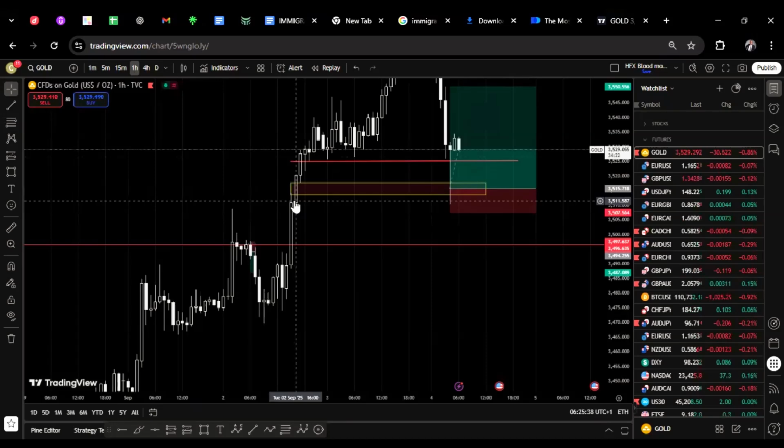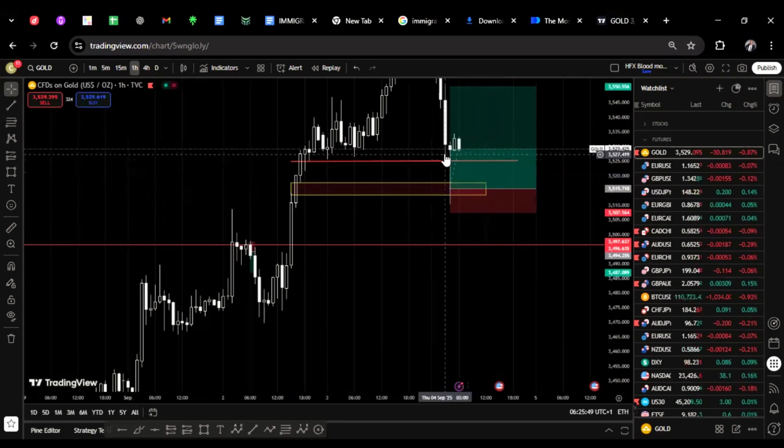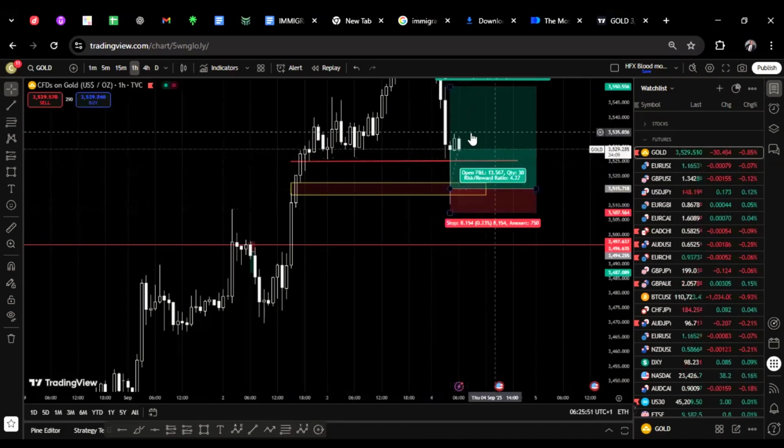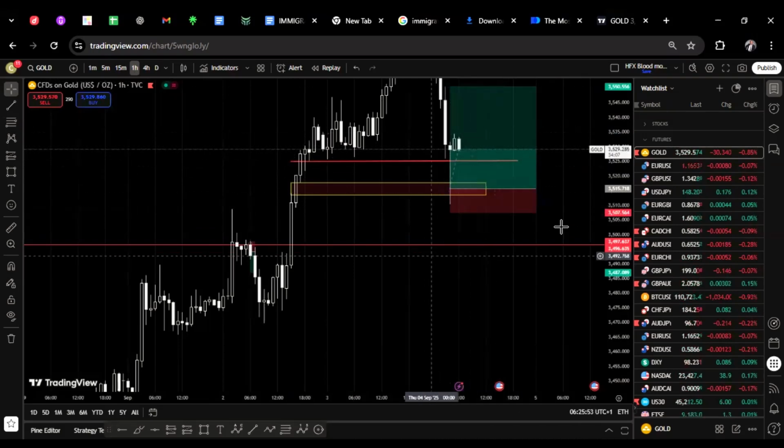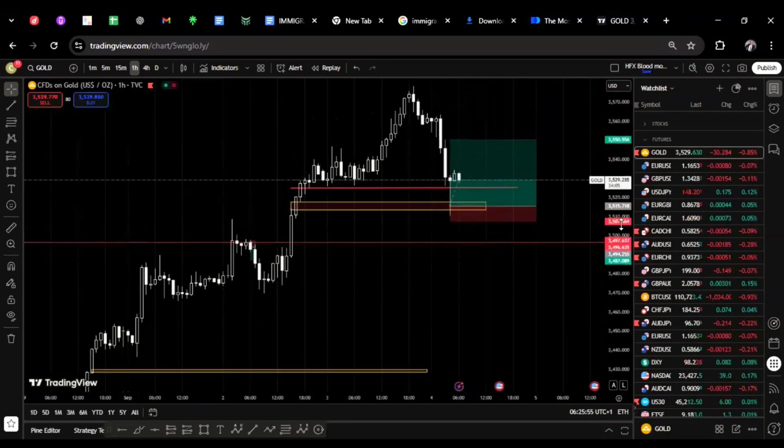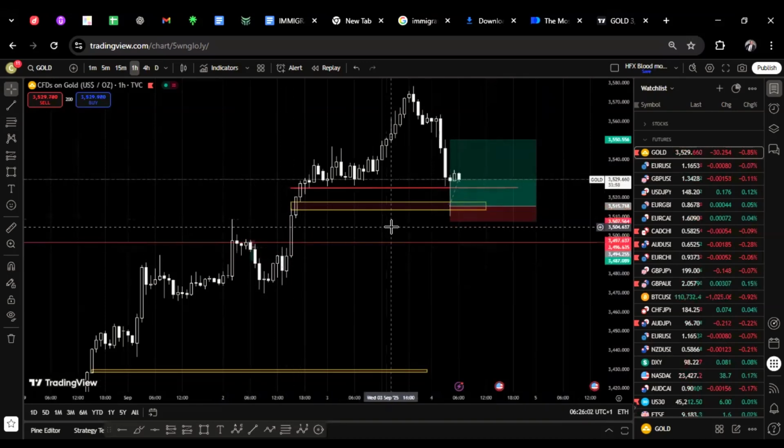And also, just like the candle patterns we talked about yesterday, this is a clear doji. This is mad rejection, right? There's also a possibility that this market will still come back here to respect this fair value gap. That's also a possibility.